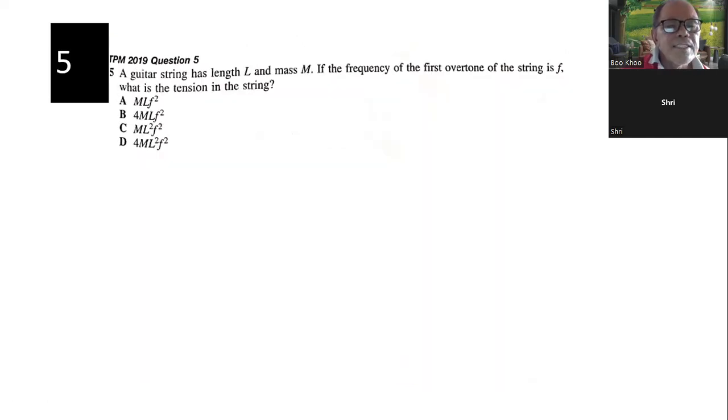The guitar string has a length L and mass M. If the frequency of the first overtone of the string is F, what is the tension in the string? Playing with the formula.